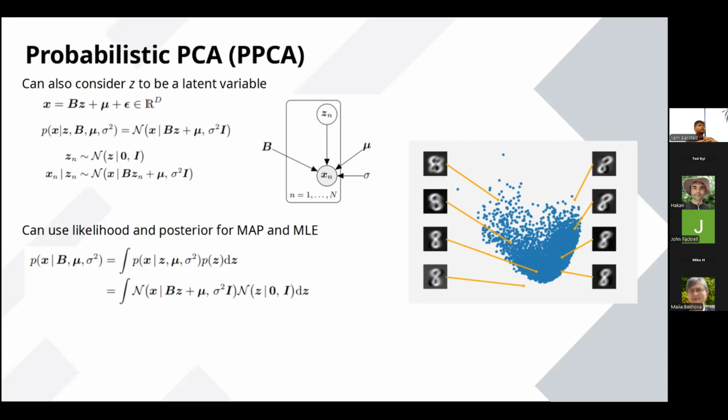You can get a distribution and do stuff with that, as opposed to a point estimate. You know what I mean? That's kind of how I see it. And if you just use PCA, it's a point estimate as opposed to a general probability distribution. You can do all sorts of stuff with it.